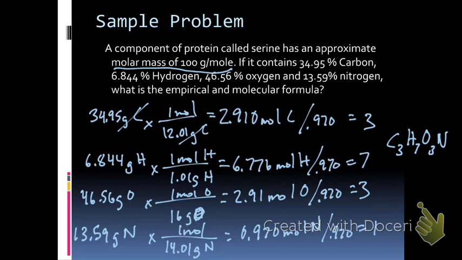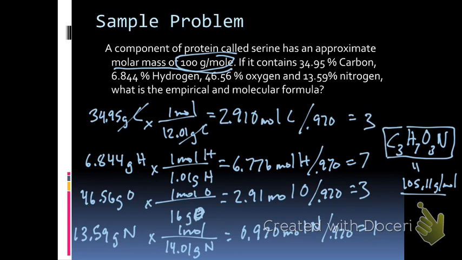About 105.11 grams per mole. So the molar mass and the empirical mass are super close. So the multiple is probably 1, meaning the empirical formula and the molecular formula are the same, because the molar mass and the empirical mass are the same as well. So this is probably serine. This is an amino acid.